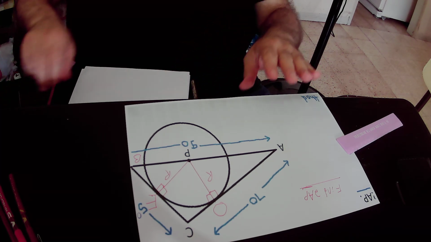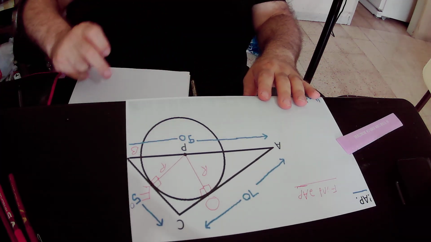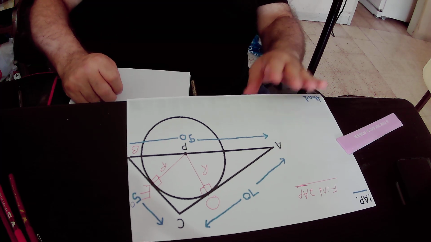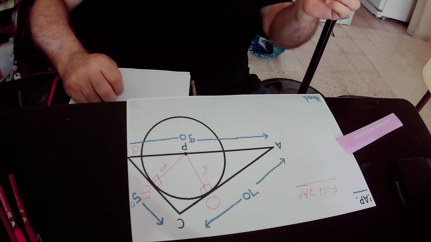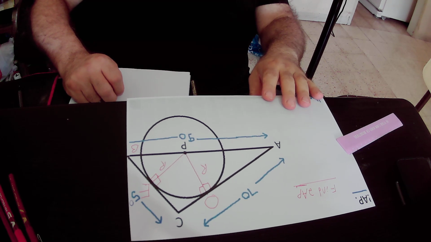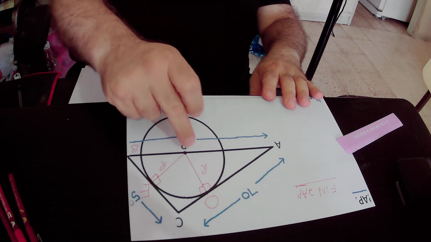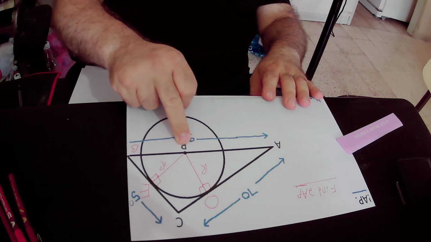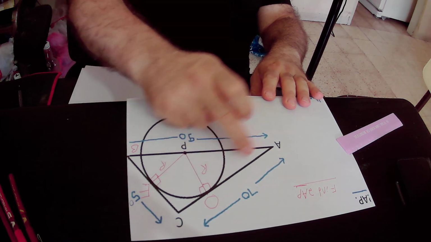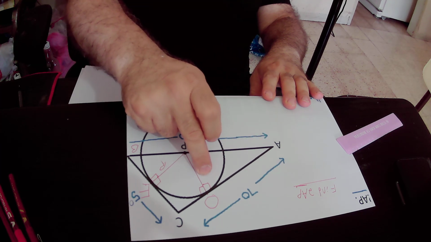So we have here two radiuses, and we actually created the triangle AOP, which is a right triangle because angle POA equals 90 degrees.